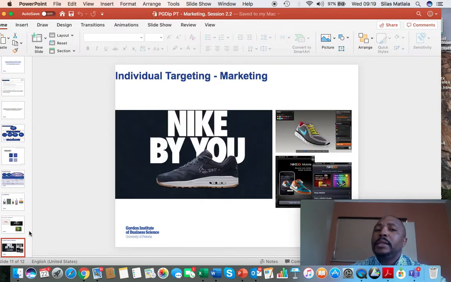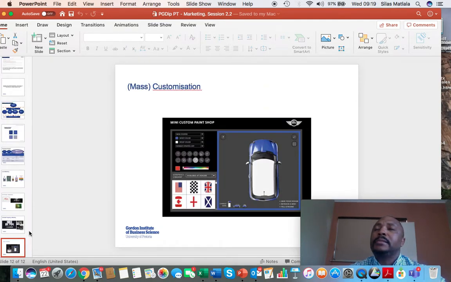Nike By You is really an example of individual targeting, where they take a mass appealing thing like a Nike shoe, and then as an individual you can go and design your own colors. Another one is mass customization.